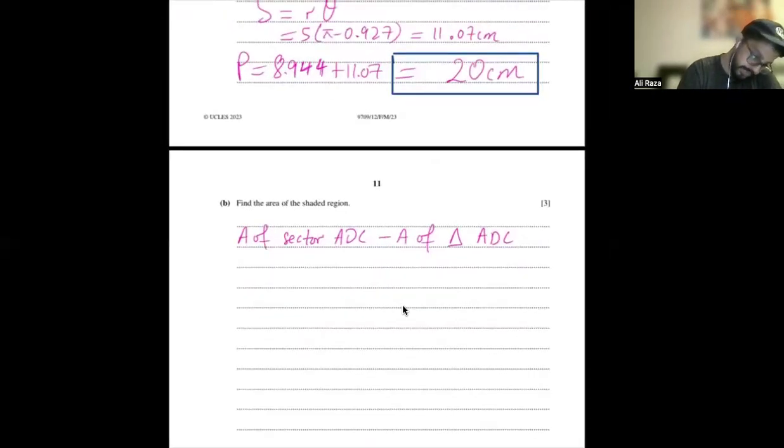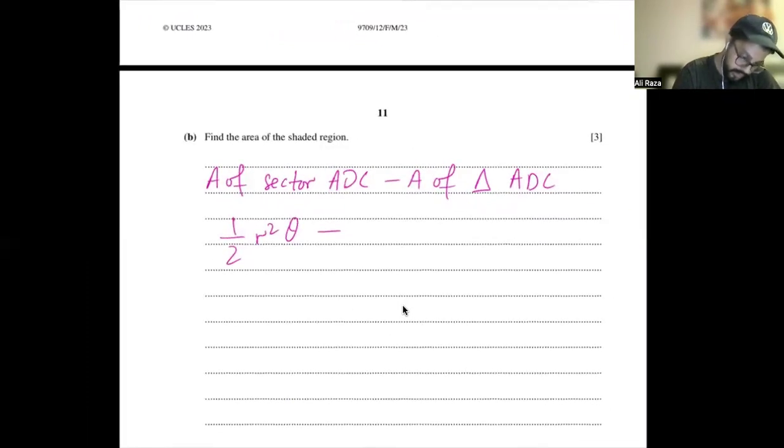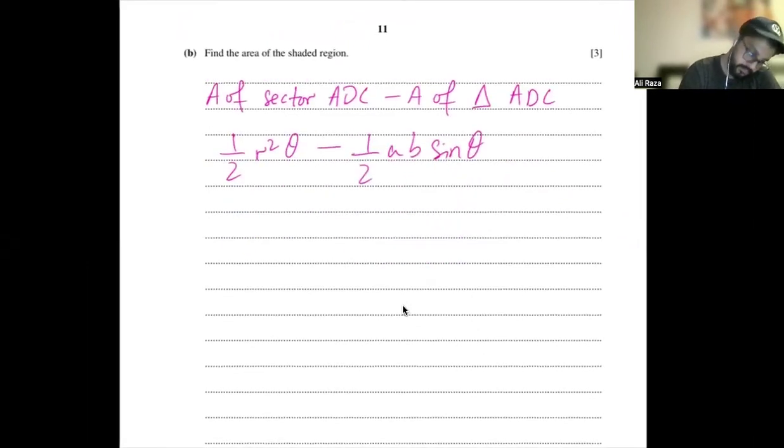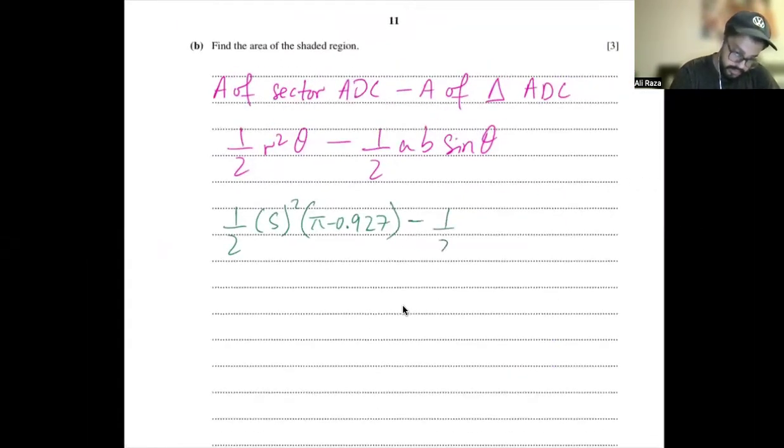The formula for the area of a sector is half times r squared theta, and the area for a non-right angle triangle is half times AB and sine theta. The radius is 5 squared, and the value of theta is pi minus 0.927. And the two sides of the triangle are also 5 and 5.